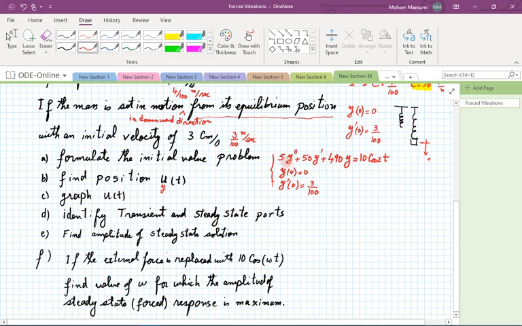So that transient part, because of the exponential factor in it, is going to die off. So what we expect at the beginning is that perhaps the problem kind of shoots up or something, maybe, and then it settles down to a nice oscillation.